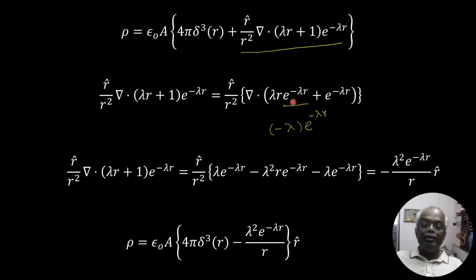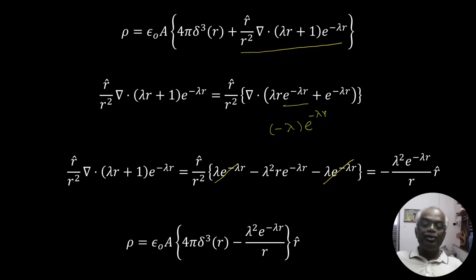So if you multiply by this, you will get minus lambda square r e power minus lambda r. Then you differentiate this second term, and you will get minus lambda e power minus lambda r. Now you can see the first term and the third term will get cancelled, because both are the same magnitude but opposite in direction.